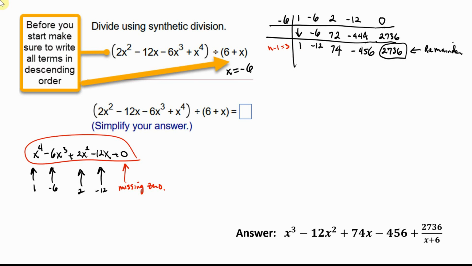So this becomes 1 times x to the 3rd minus 12x squared plus 74x minus 456. If I could only read. Okay. And then plus 2736 over the 6 plus x, or x plus 6. I'm going to write it as x plus 6.